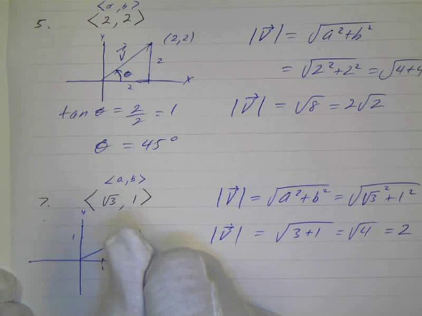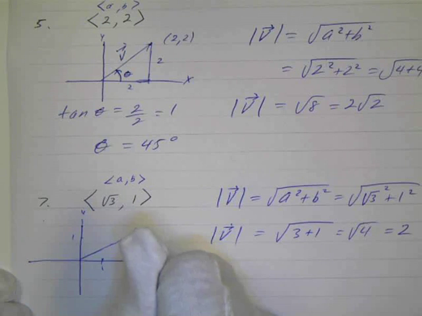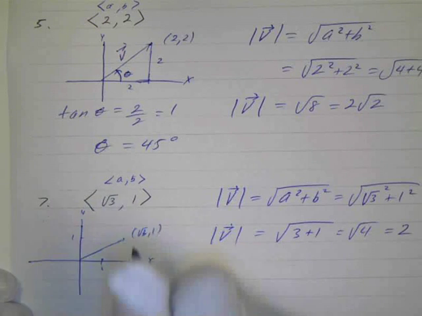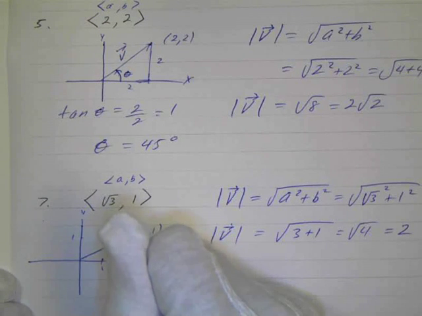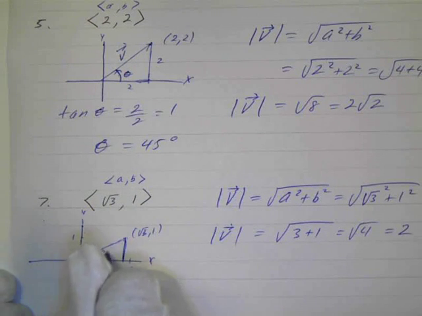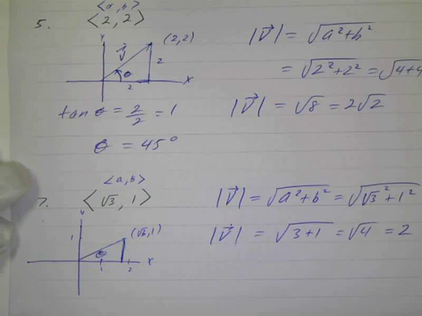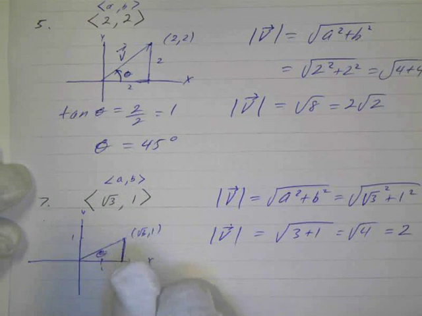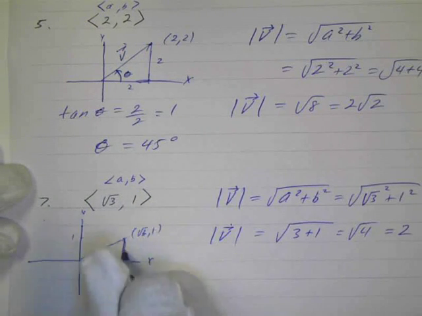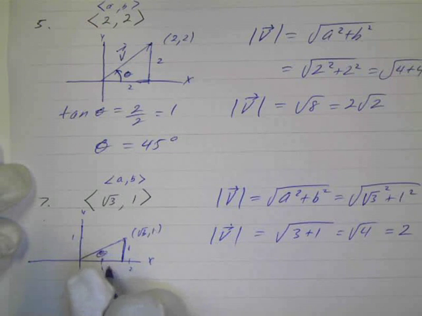So we could also write these as the coordinates, square root of 3, 1. We want to find this angle. The vertical position will be 1, and the horizontal will be the square root of 3.